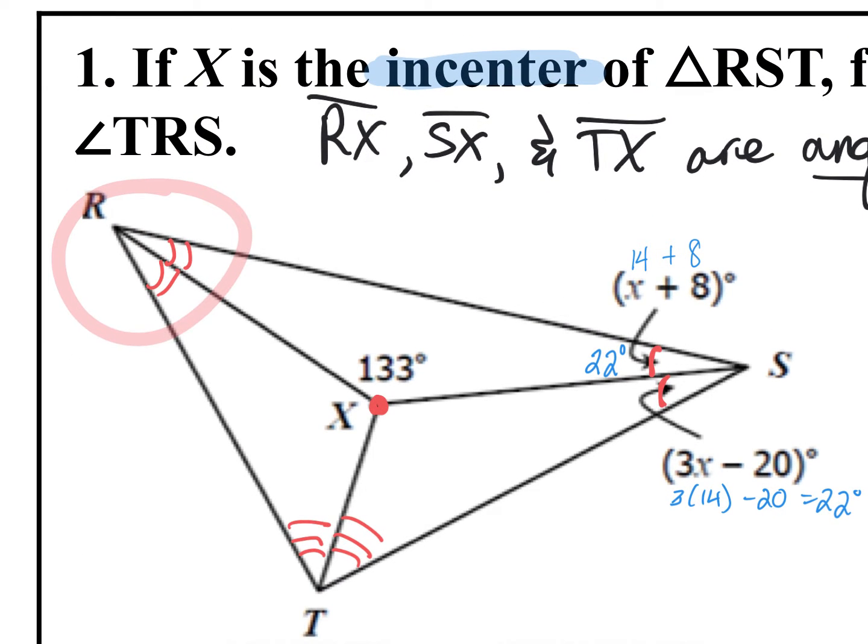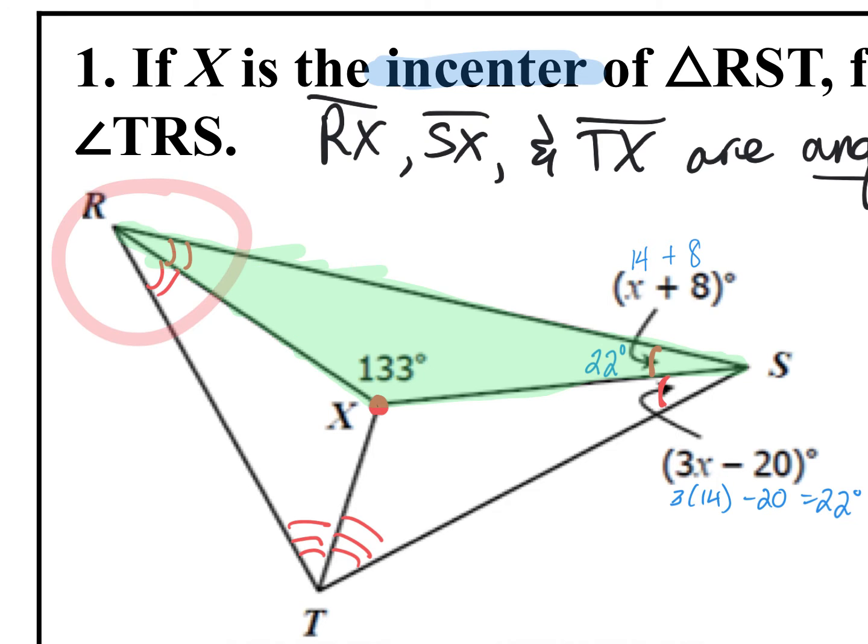All right, so next, in order to solve for the measure of the angle, I'm going to first find the measure of angle SRX, and I'm going to highlight a triangle that will help us find that angle measure. That's this triangle right here. I know that the sum of all three angles in a triangle is 180.